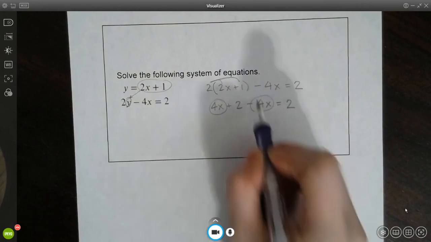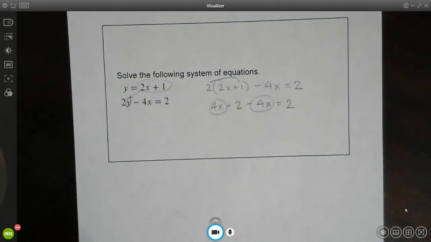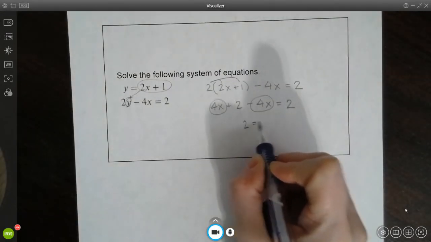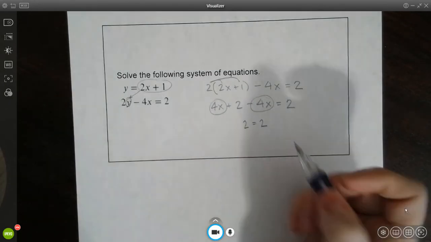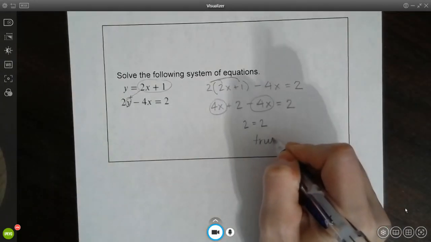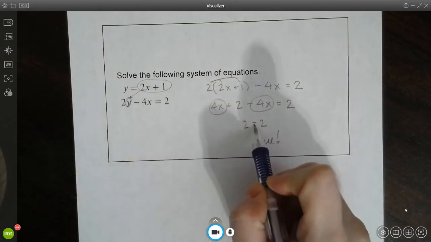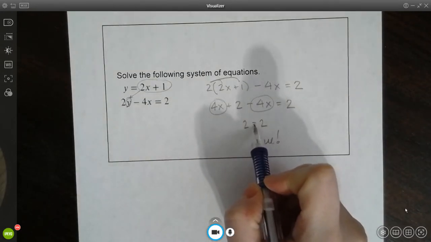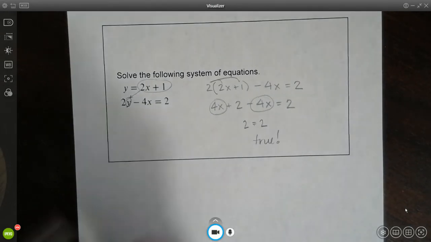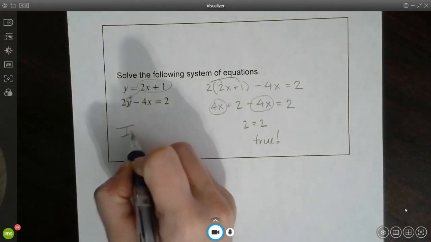Well, those 2 will create 0. So I'll have 2 equals 2, which is true. Since this statement will always be true, I know that these 2 equations are identical. This is infinite solutions.